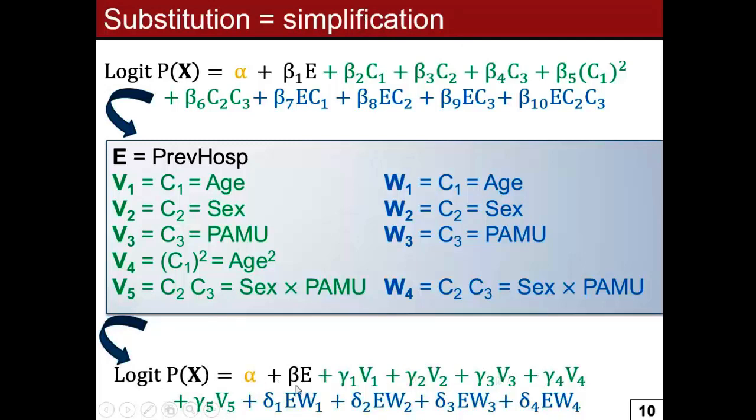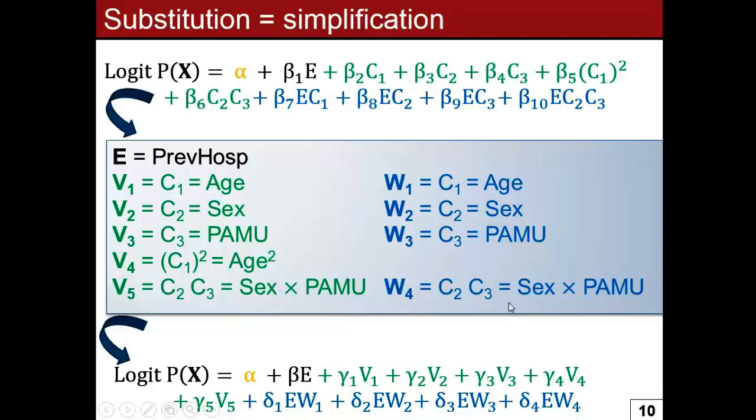So we have alpha plus beta times exposure plus all these gamma terms times V variables, which are the confounding control variables. And then we have 4 delta terms, which are what we're going to call the betas for the effect modifiers, times E times W1, E times W2, 3, and 4. So a few things happened here.